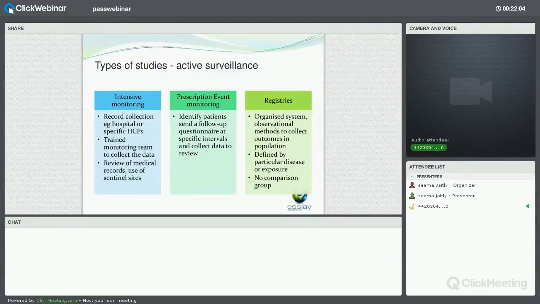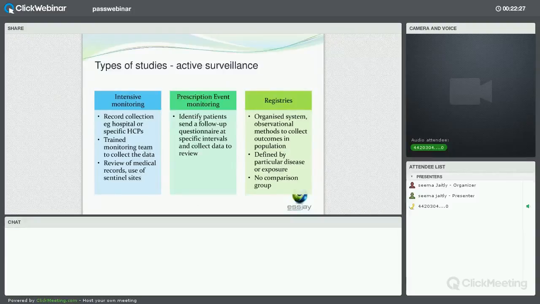So moving on, looking at the different types of studies. First of all, you can have active surveillance, and this, in contrast to passive surveillance, tries to get a bit more information with regards to either a specific population or a specific event. And this could be follow-up of patients treated with a particular product who are then asked to provide additional information.